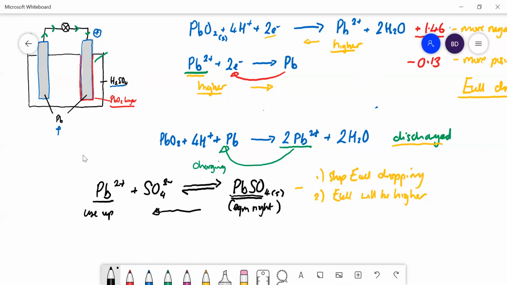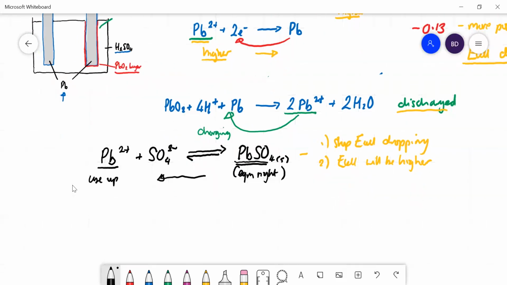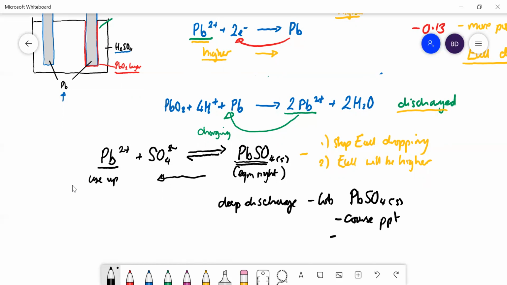So that's what happens during charging of a battery. In actual fact, lead acid batteries, if you discharge them too much, don't work so well. The reason for that is if you give them a very deep discharge, you get lots of solid lead sulphate, and that forms a coarse precipitate, and that doesn't dissolve so easily.